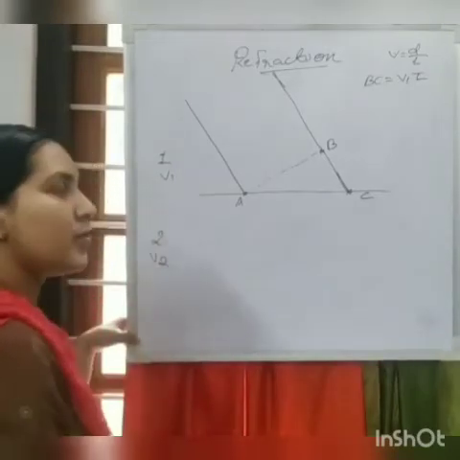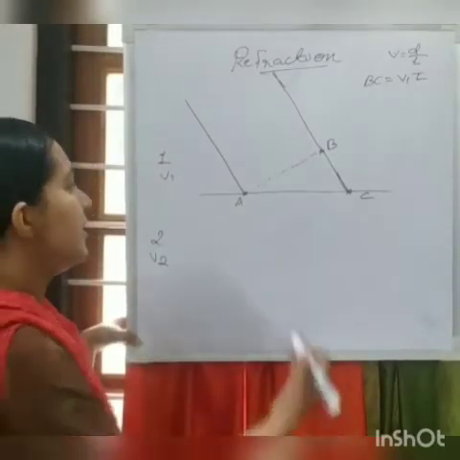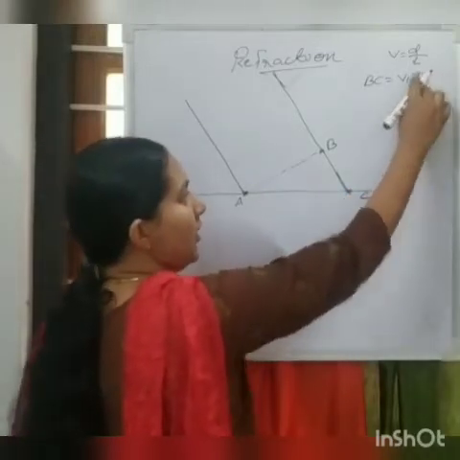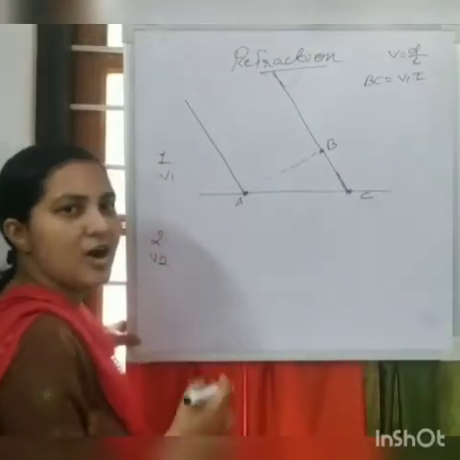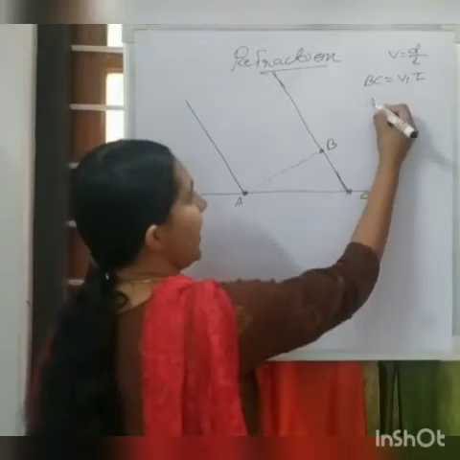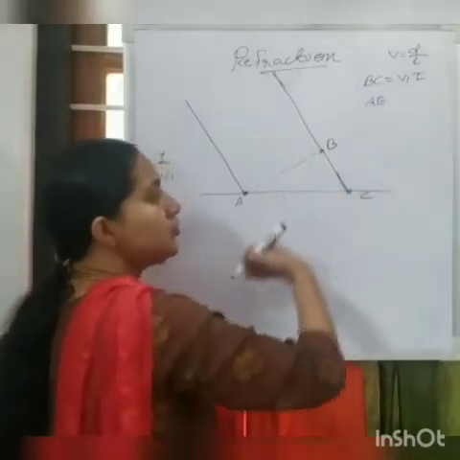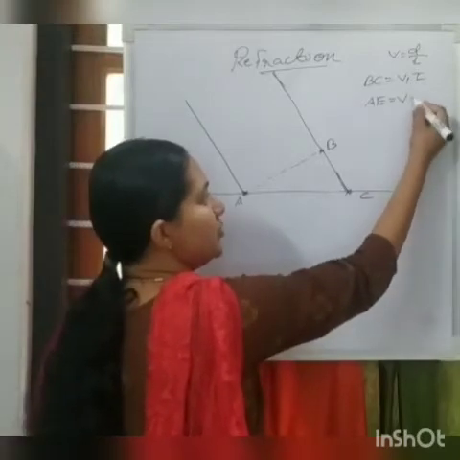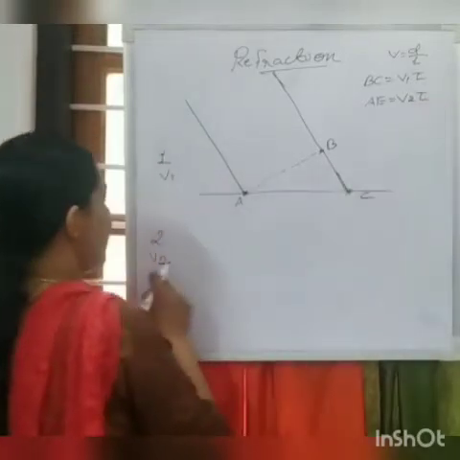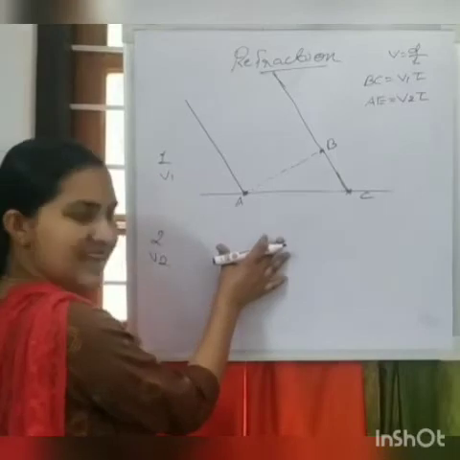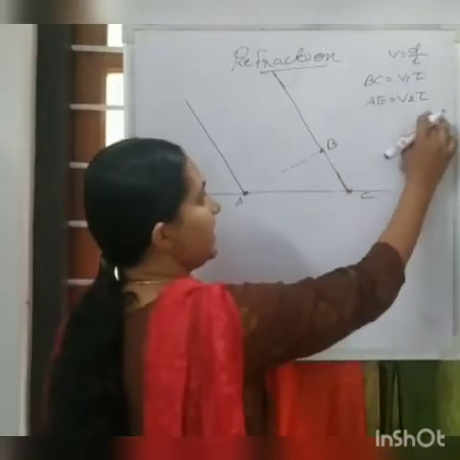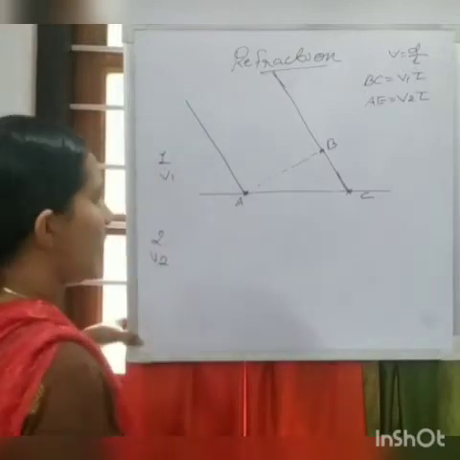So BC equal to V1 tau. Now we need to find at that same time tau, what will be the new position of A. So AE, let the new position be E. So AE is equal to V2 tau, because that is moving into the second medium with velocity V2. So AE is equal to V2 tau.